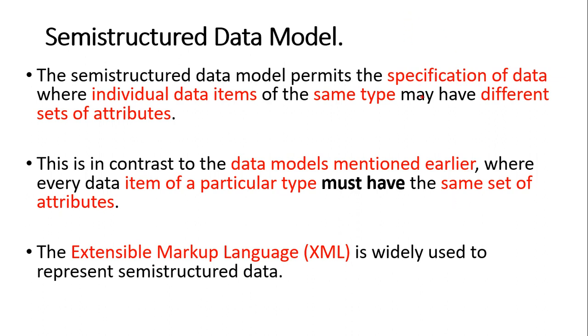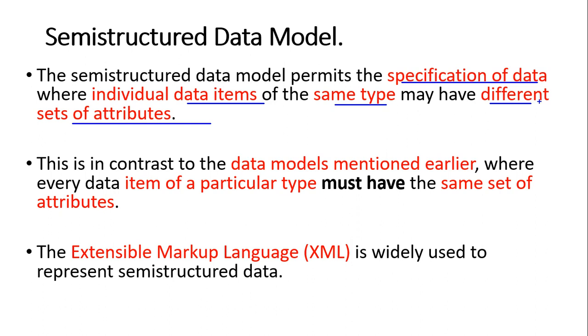So a semi-structured data model is a model that permits the specification of how the data has to be represented, wherein the individual data items may have different sets of attributes. I've just shown you: in the previous example, address was there in one place, and you had a roll number, but instead of roll number something else came.